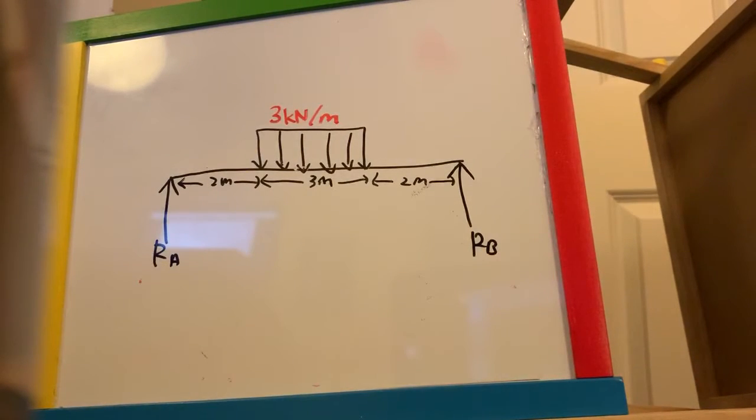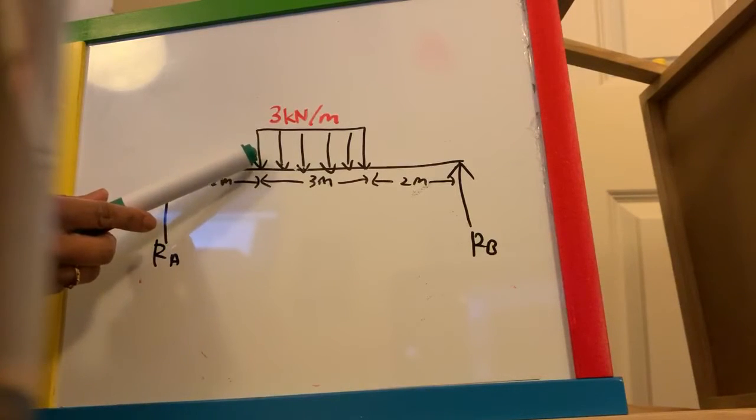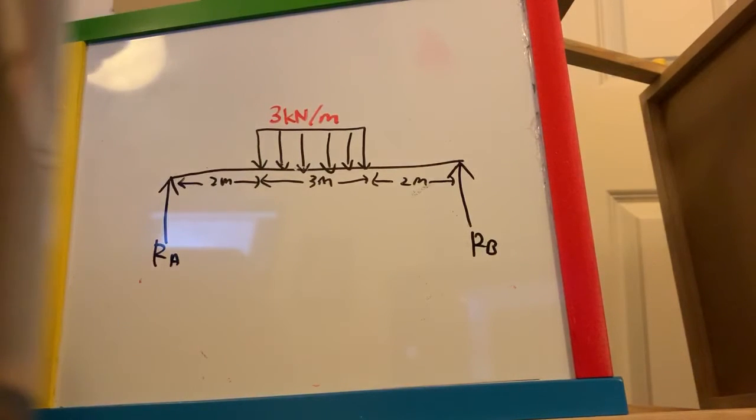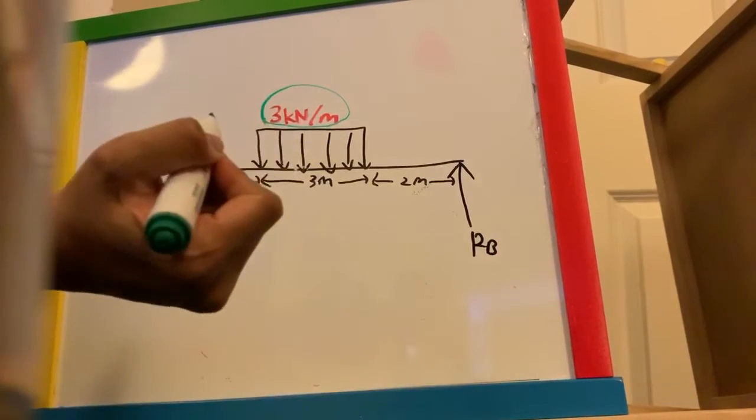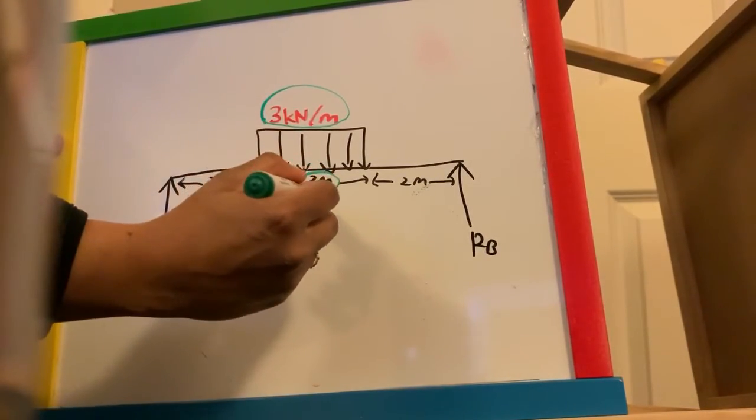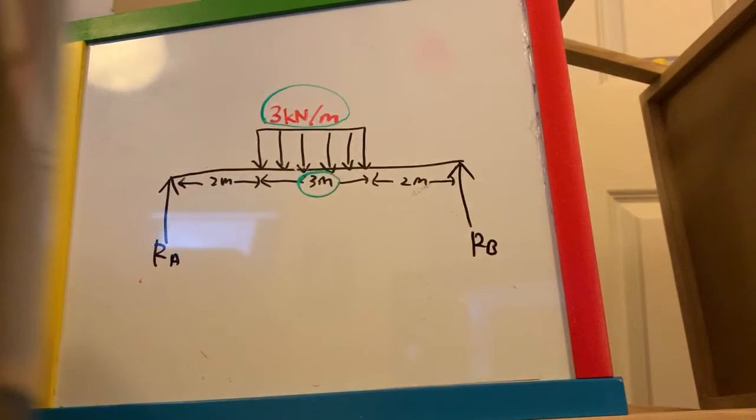So, like I said, the method of solving this problem is similar to what you have done in the previous video. It's all about using the concept of moment, taking the force, multiplying it with the perpendicular distance, taking it to the pivoting point. But when you have a uniformly distributed load, you have to simplify that first. The simplification is very easy. You just take the magnitude of the uniformly distributed load and multiply it with the distance that it covers.